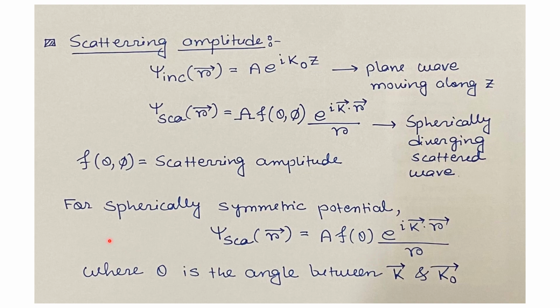So for this special case, the spherically symmetric potential, the scattering amplitude will be only a function of theta, not phi. Here theta is the angle between the scattered wave vector k and the incoming particle wave vector k naught.